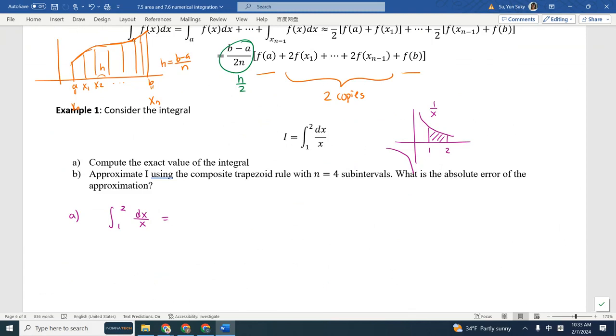What's the integral of 1 over x? ln absolute value of x, right, everybody? ln absolute value of x, evaluated from 1 to 2. So we plug in 2 first, minus, we plug in 1. What's the natural log of 1?